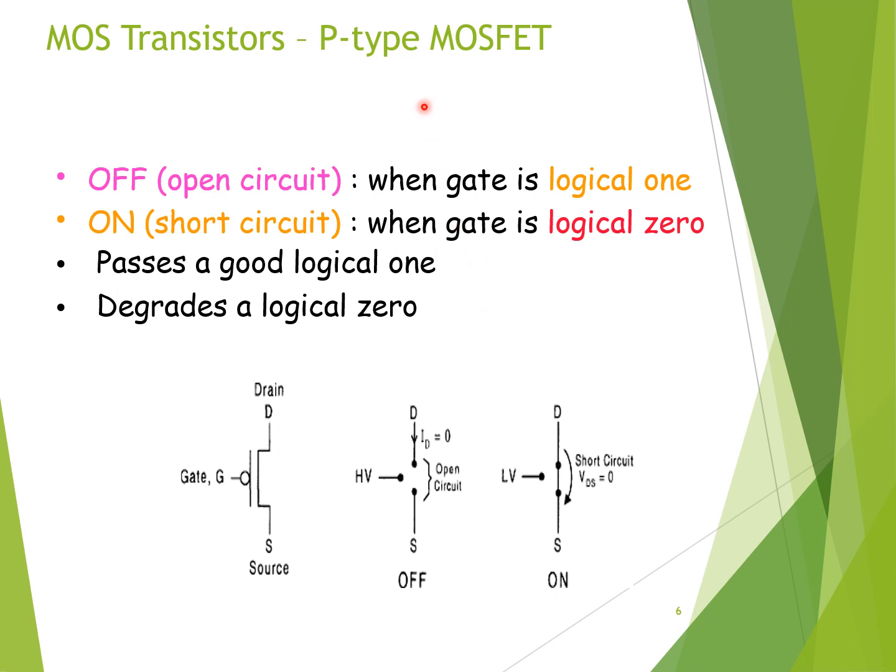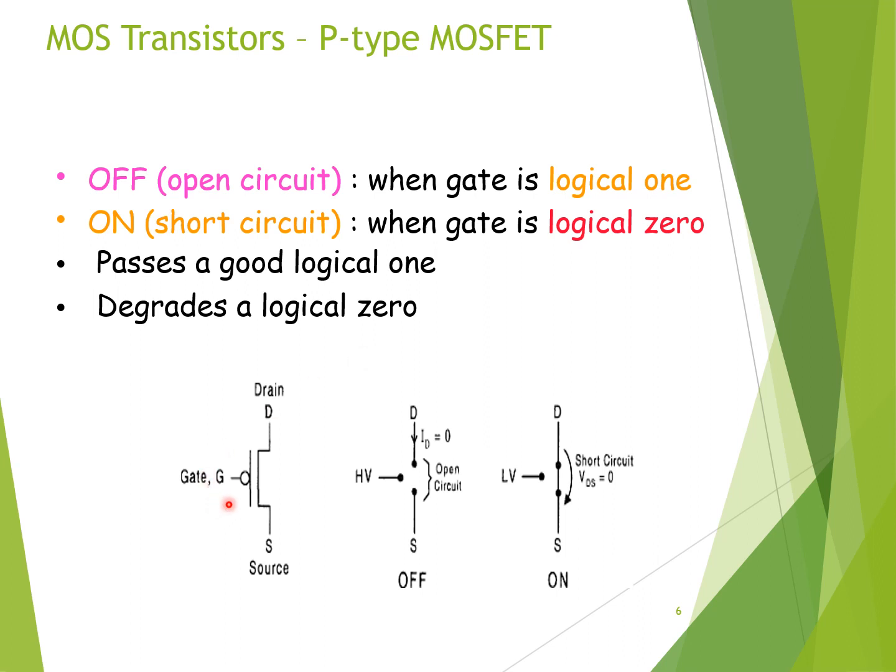So when is it off? It is off when the gate is logically 1, and it is on when the gate is logically 0. It passes a good logical 1 and it degrades a logical 0. So the exact opposite operation of an N-type MOSFET is your P-type MOSFET.